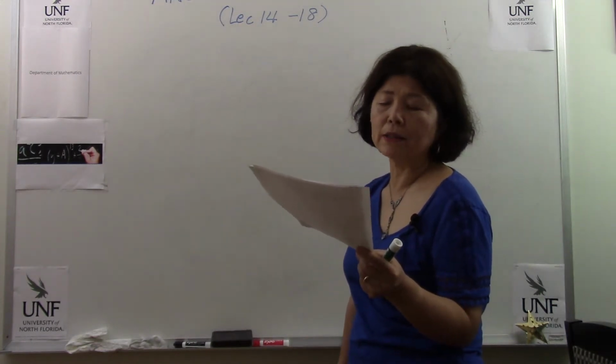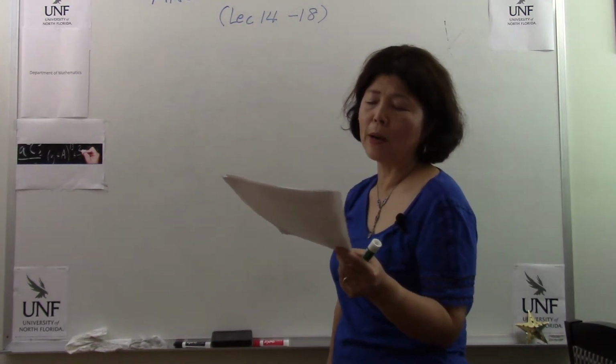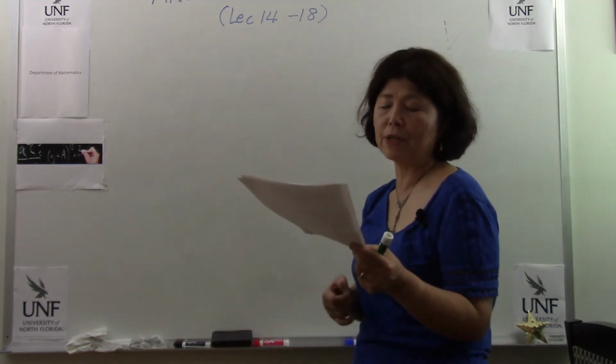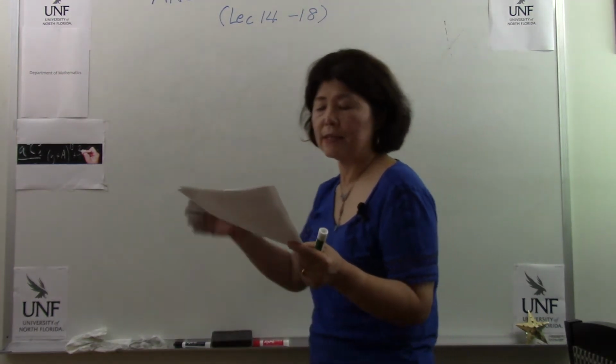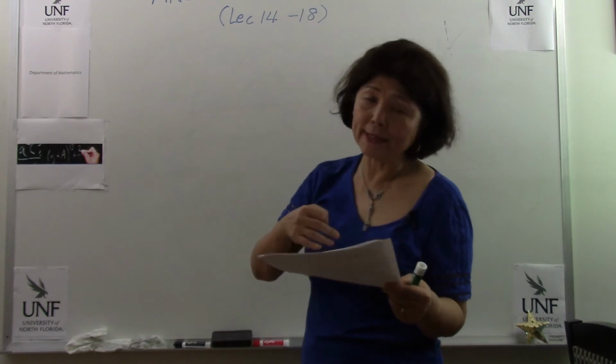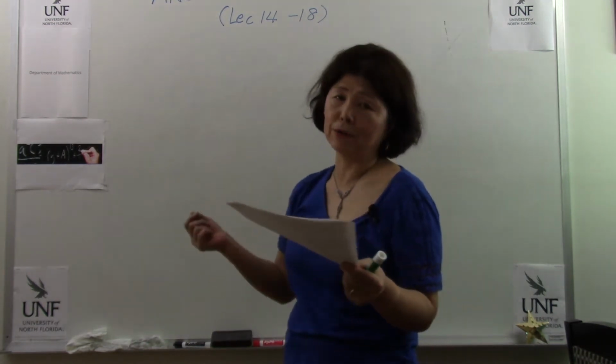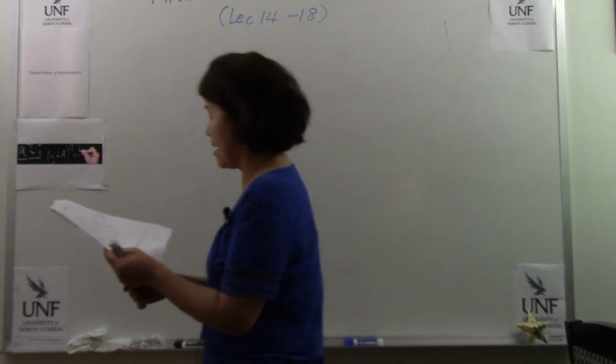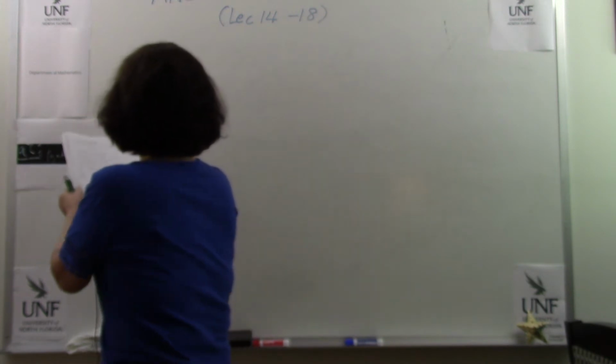And we are going to talk about the symmetry. What kind of symmetry does a graph have? Is it symmetric about the y-axis or x-axis or about the origin? Okay. Number 6.